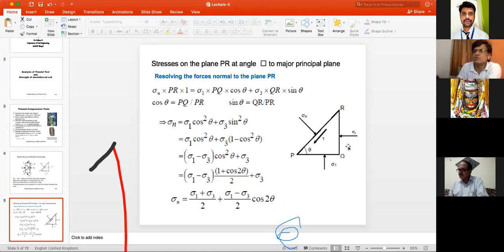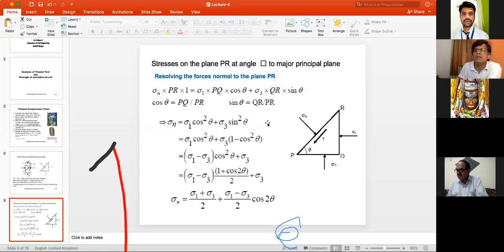On the minor principal plane, sigma 3 is going to be acting. On the major principal plane PQ, sigma 1 is going to be acting. And the failure envelope is making an angle theta with respect to the major principal plane, the horizontal. On the failure envelope, two forces are acting. One is the normal stress, sigma n, and another is acting downward, the shear stress tau.